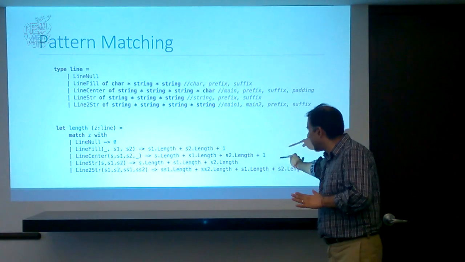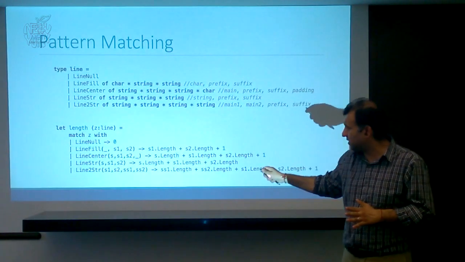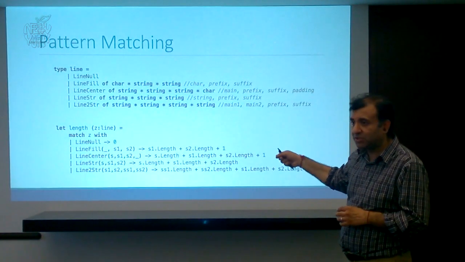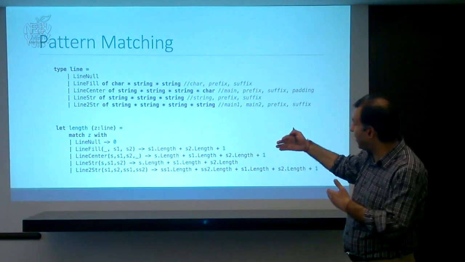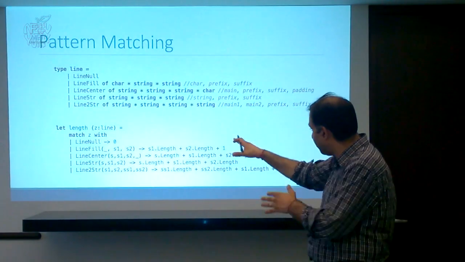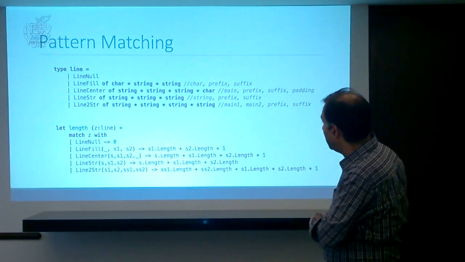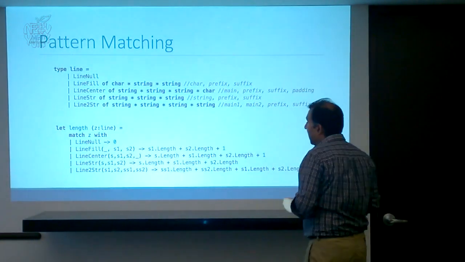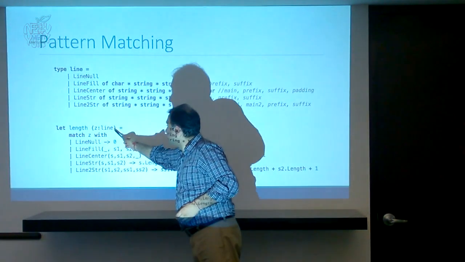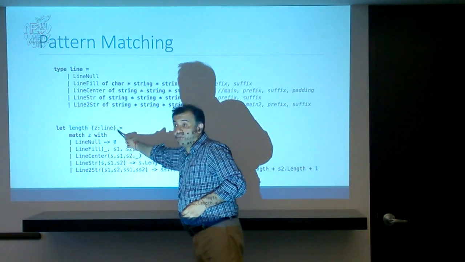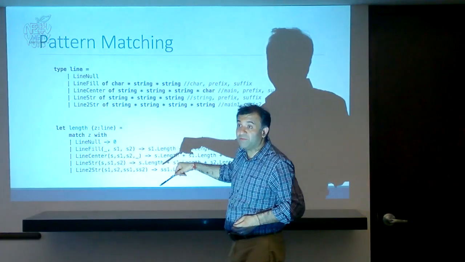It doesn't really matter what these actual values are, but what I wanted to show was you can actually match. So these are these patterns, and you can have this match syntax that says, if it's of this record, that's the value. In this example, I have explicitly declared Z as line, but this is actually optional because the compiler can infer it.